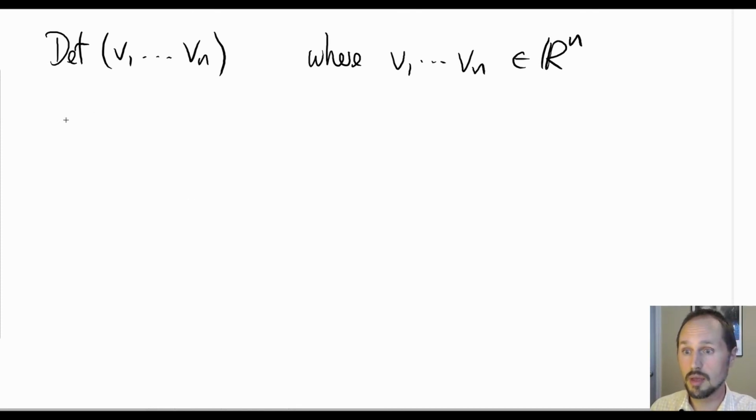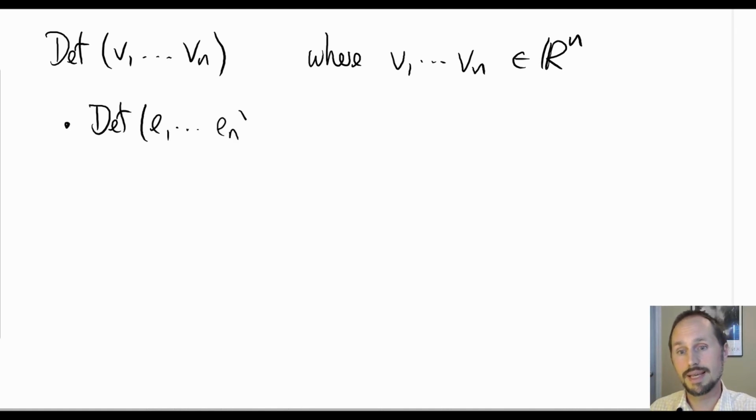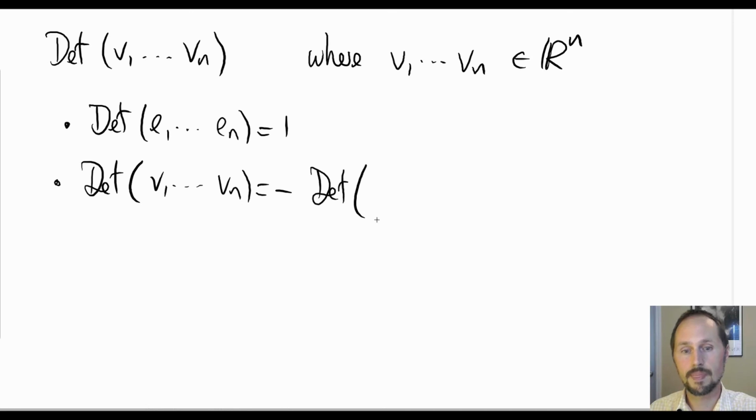The first property is that the determinant of e1 up to en is equal to 1. The next property is that the determinant of v1 up to vn flips a sign if we swap two vectors.